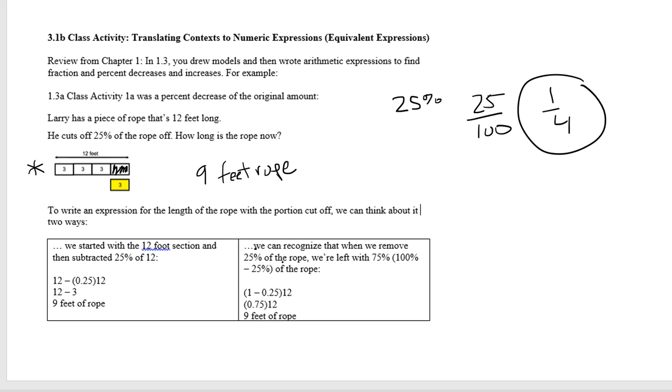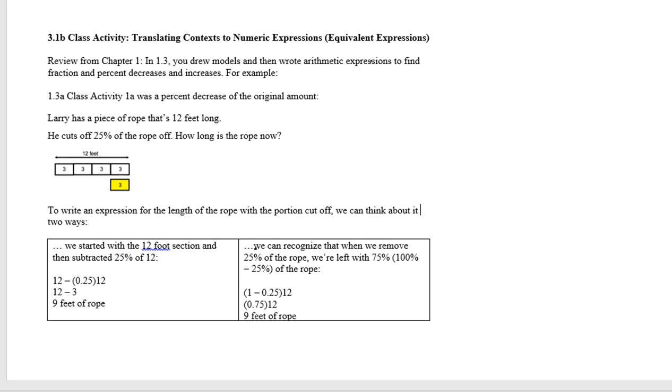Now this lesson is on writing numeric expressions for different situations. And so now we're going to talk about how we can write the math for this situation. And there are actually 2 different ways that we can do this. Okay, now remember in math, the word of means to multiply.